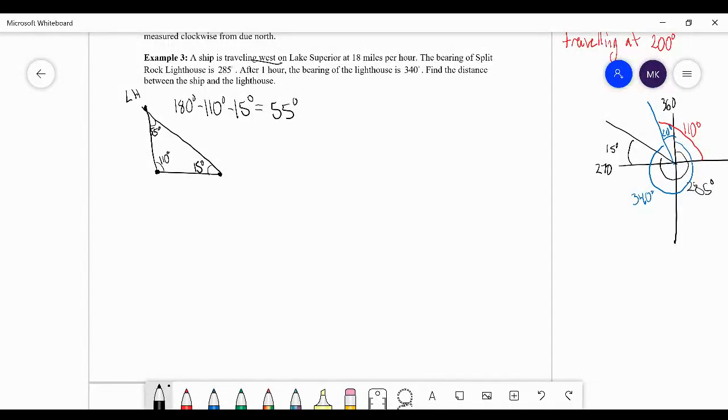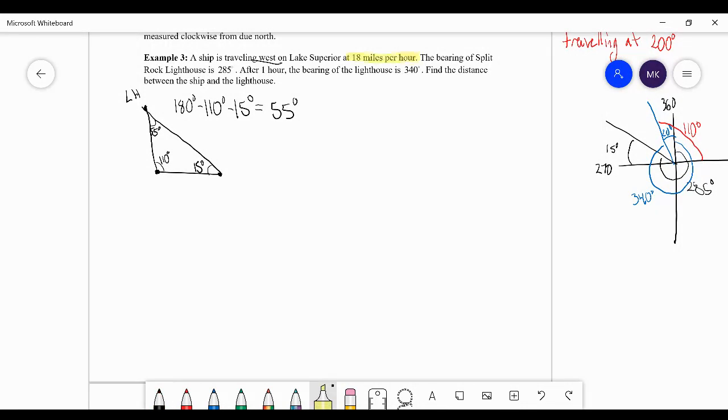But if we look back at our problem, we have that a ship is traveling west on Lake Superior at 18 miles per hour. The bearing of the Split Rock Lighthouse is 285 degrees. After 1 hour, the bearing of the lighthouse is 340 degrees. So how can I take that information and figure out some distance on here? Well, it comes from two pieces of information.